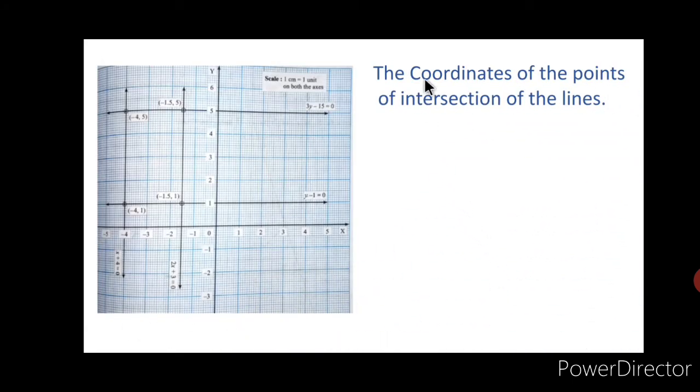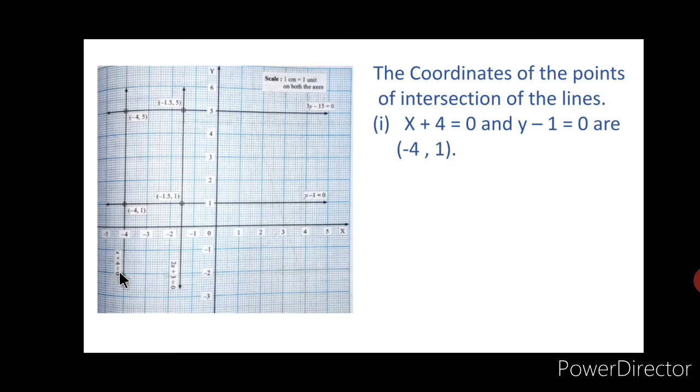Here are the coordinates of the points of intersection of these lines, which are drawn here on the graph paper. Then we are going to find the points of intersection. The line whose equation is x plus 4 is equal to 0 is this line.